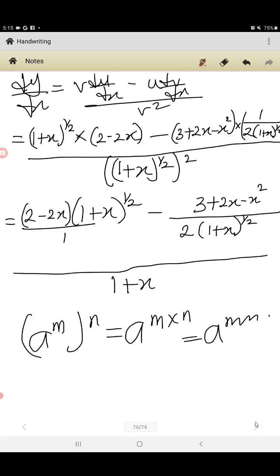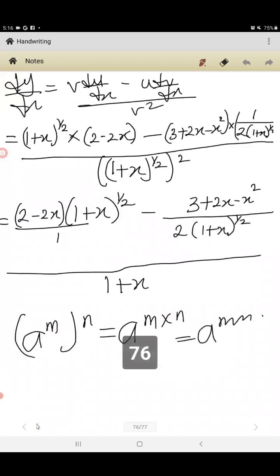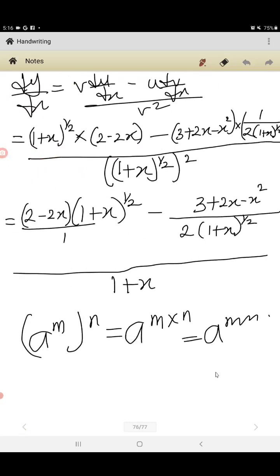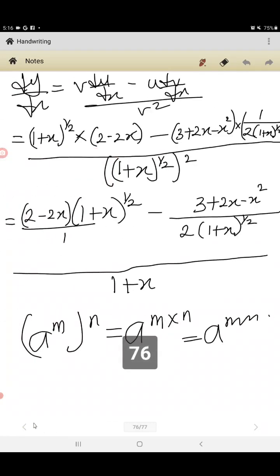So you now have dy dx is equal to 2 minus 2x over multiplied by 1 plus x all raised to power half, over 1 minus 3 plus 2x minus x squared over, you do it one by one.